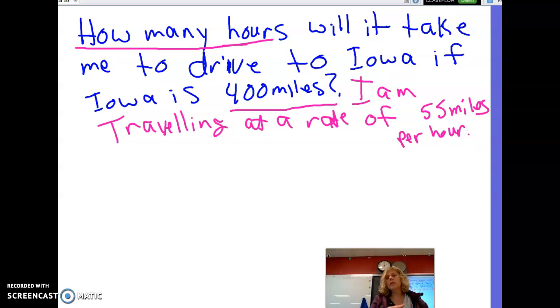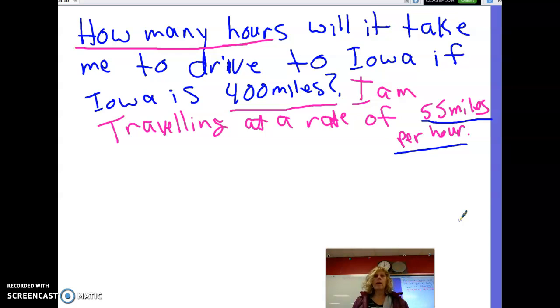All right, I needed this little piece of information too. So I'm traveling at a rate of 55 miles per hour. That is also an important piece of information. I couldn't solve this without that, right? I need to know how fast I'm driving. So I'm going 55 miles an hour.